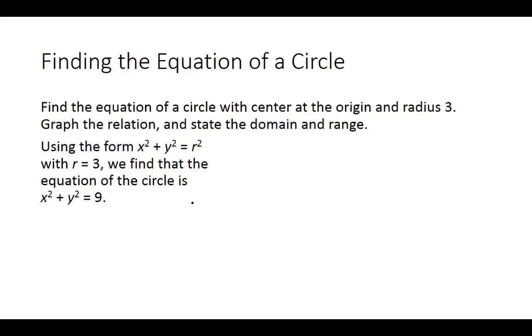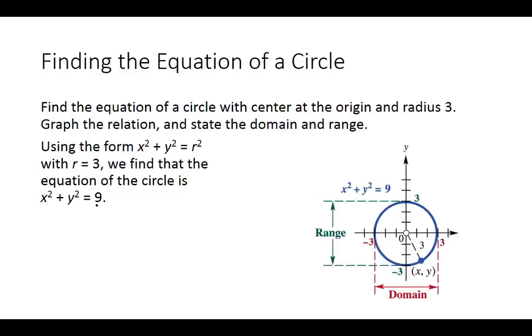So we have x squared plus y squared is equal to 3 squared, which is 9. That would be the equation of my circle. The center is at the origin, so I'm going to move up, down, right, left 3 units because the radius is 3, and then I can graph my circle. As you can see, the range would be from -3 to 3. That's the value of y. Domain also would be from -3 to 3.